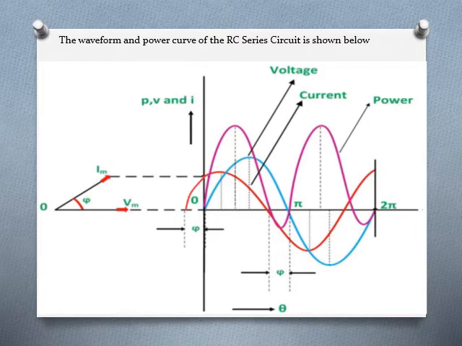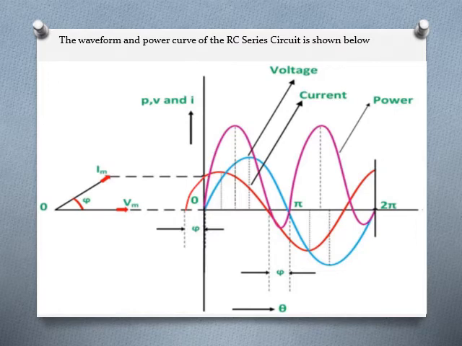Let's take the time interval from 0 till the phase difference phi. Both the voltage and current are in the positive half cycle. Therefore the power, which is the product of voltage and current, will also be positive.